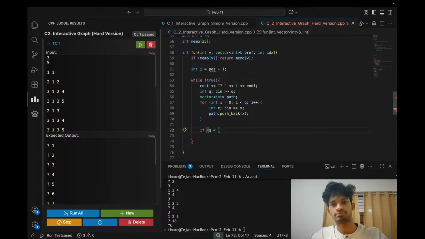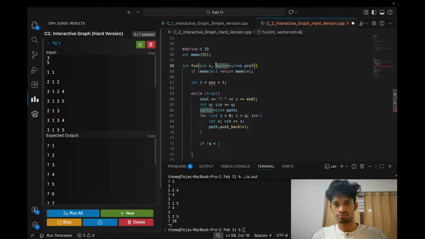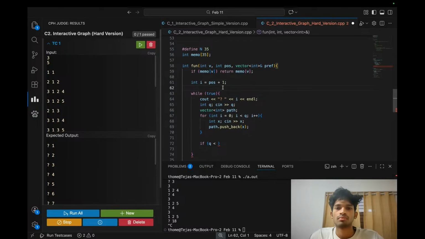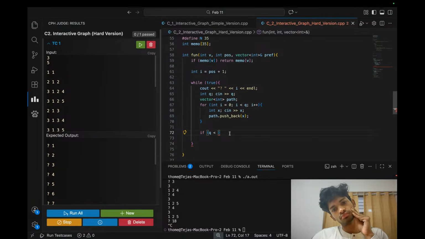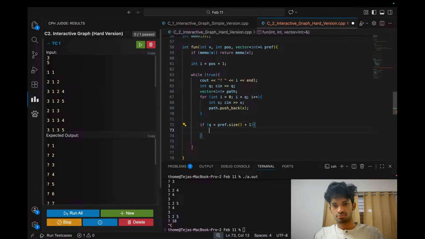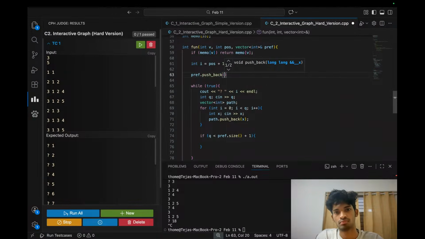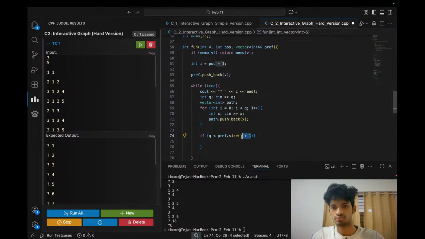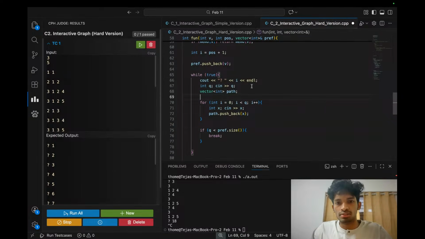If Q is less than, so we don't have this prefix. We started at C.